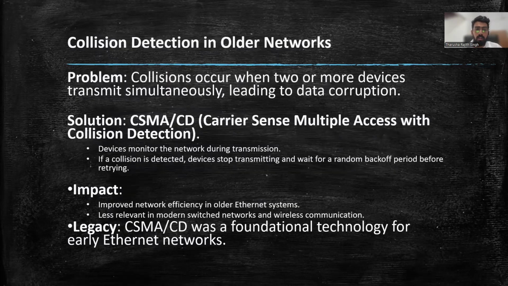Okay, now let's discuss collision detection in older networks. In older networks, such as early Ethernet systems, collisions occurred when two or more devices transmitted data simultaneously. This led to data corruption and reduced network efficiency.